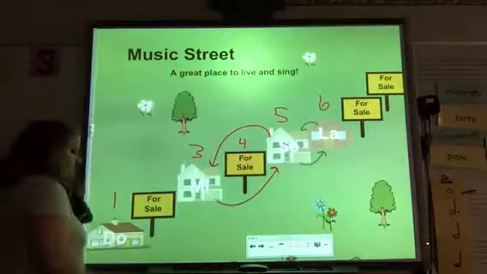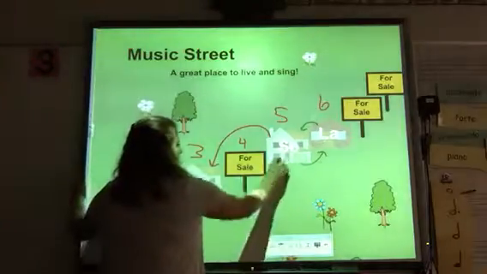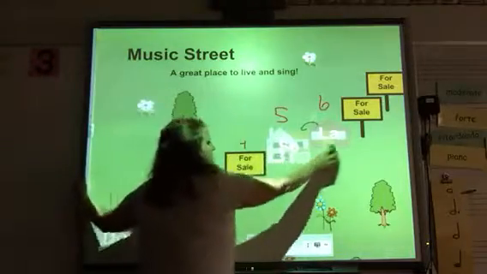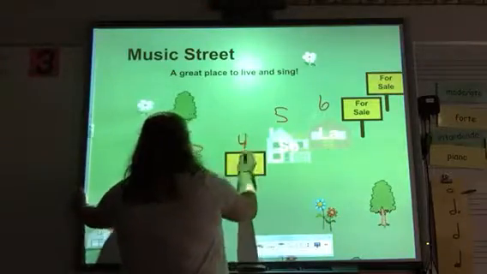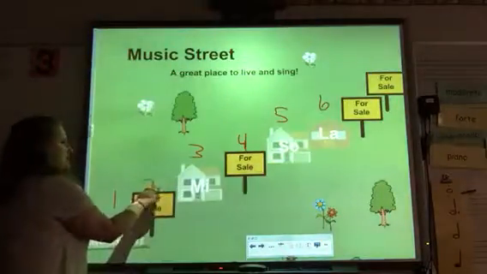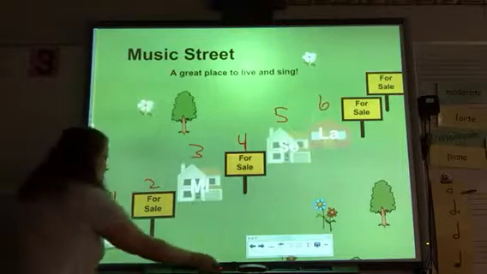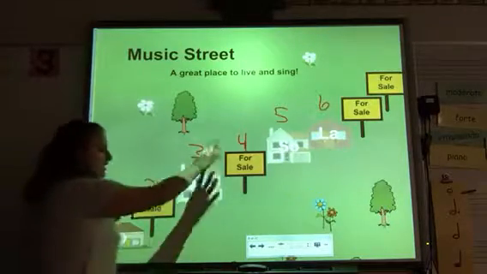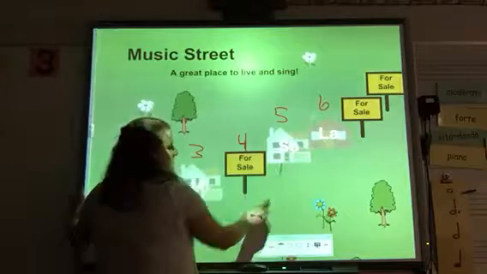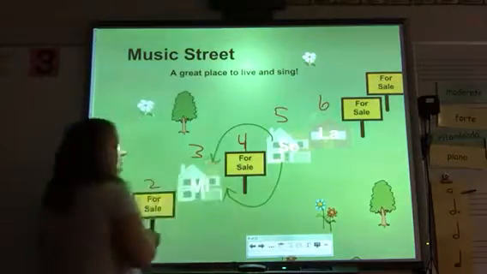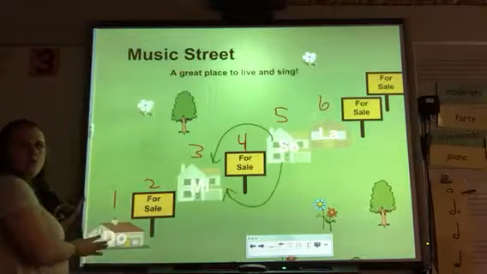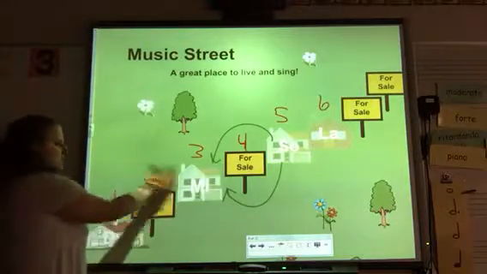All right. Let me erase some of these lines so we can get them out of the way. Fix my lot 4. Now we've got lot 2 is empty, right? So let's take a look at this. You already know so and mi, they skip, right? Look at how far it would take for do to get to mi.